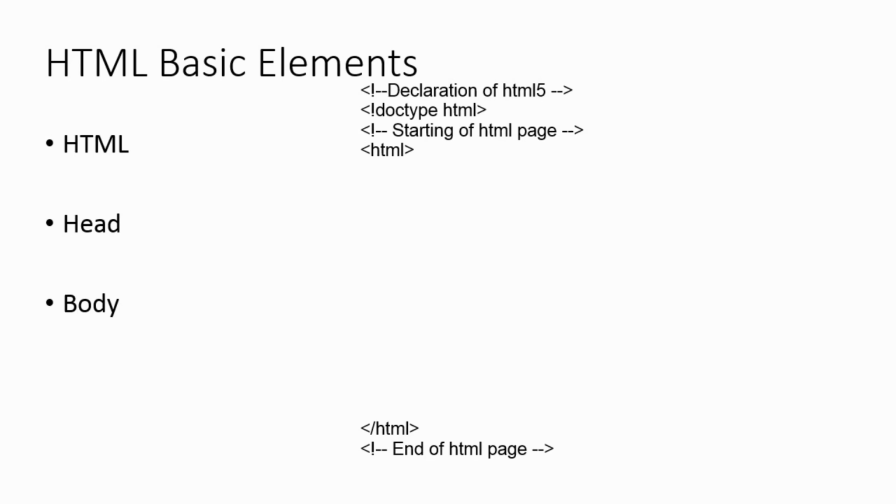Then I have started my HTML tag, but before that I am providing comments: starting of HTML, end of HTML page, and ending it. Now what I want to teach you here is that whenever I start any HTML tag, I close it at the very first so that I won't forget to close anything later. That's why I am closing it at the very first.